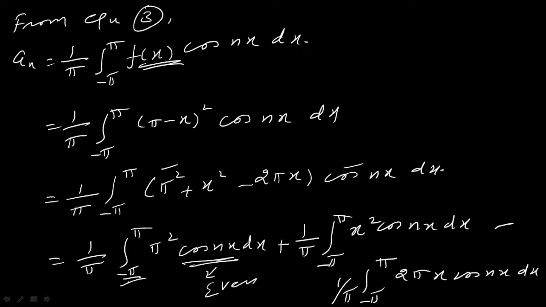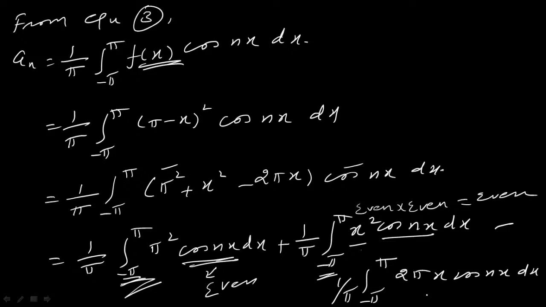So you can write this integral as twice 0 to pi and evaluate it. Next, x squared is an even function, cos nx is an even function. Product of two even functions gives you an even function. So immediately you can write this minus pi to pi integral as twice integral 0 to pi, and calculate the value of this integral.